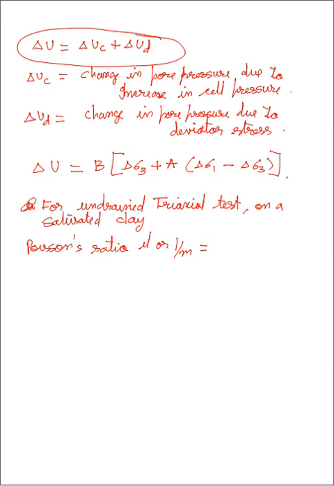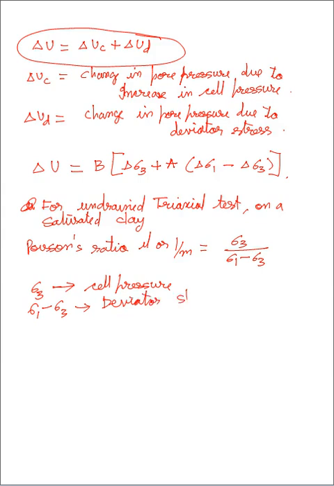But here the formula of Poisson's ratio is sigma 3 divided by sigma 1 minus sigma 3. Sigma 3 is the minor principal stress, or basically the cell pressure, and sigma 1 minus sigma 3 is the deviator stress, sigma d. This is the formula for Poisson's ratio.